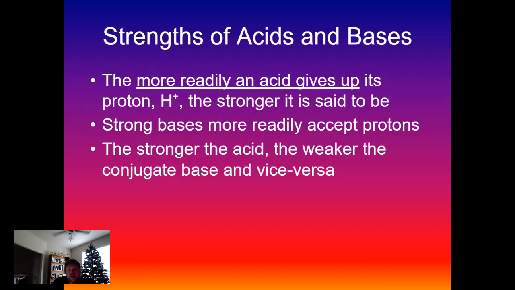Now, a weak acid or base will be slightly soluble in water, but it will not dissociate 100%. In fact, weak acids and bases typically dissociate less than 10%, and many of them less than 5%, less than 3% really. Very, very small degrees of dissociation for some of the weak stuff.